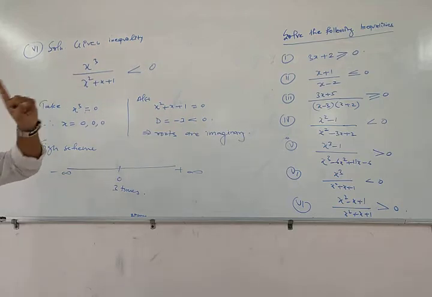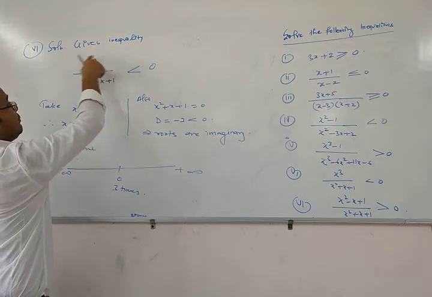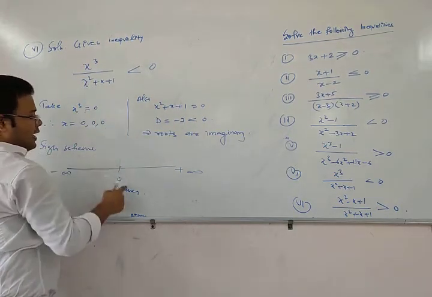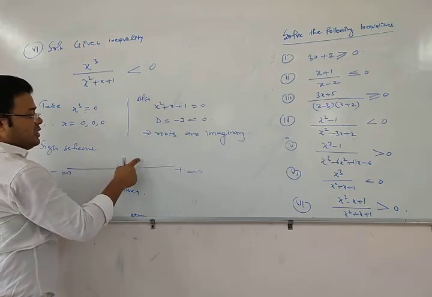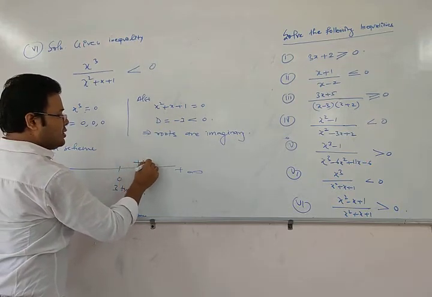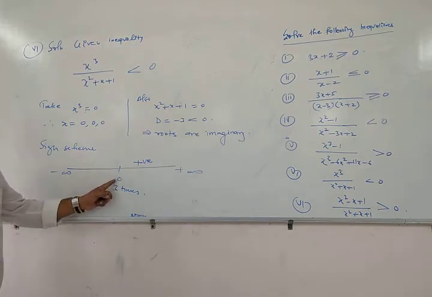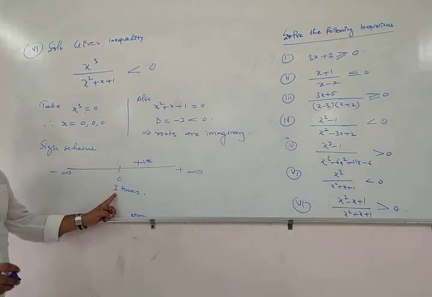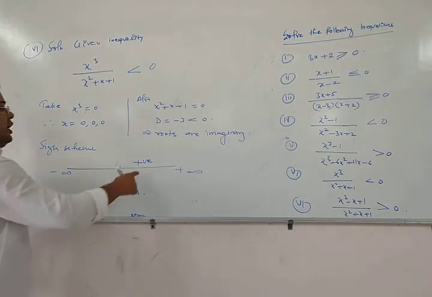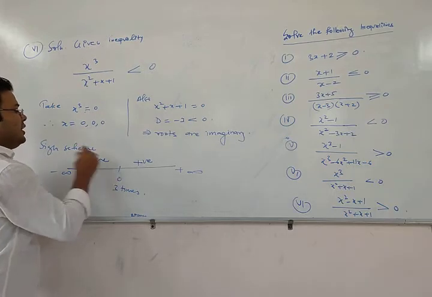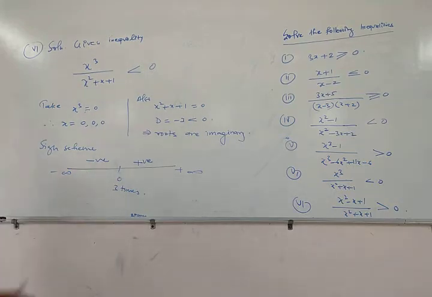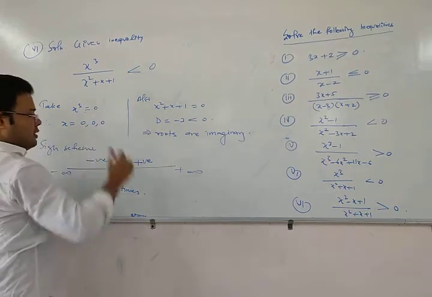We put 1. If we put 1, we will get positive sign here, and 1 is present in this interval, so we can write positive sign. Since 0 is repeated 3 times, we put alternate sign. Here is positive, so here is negative sign.